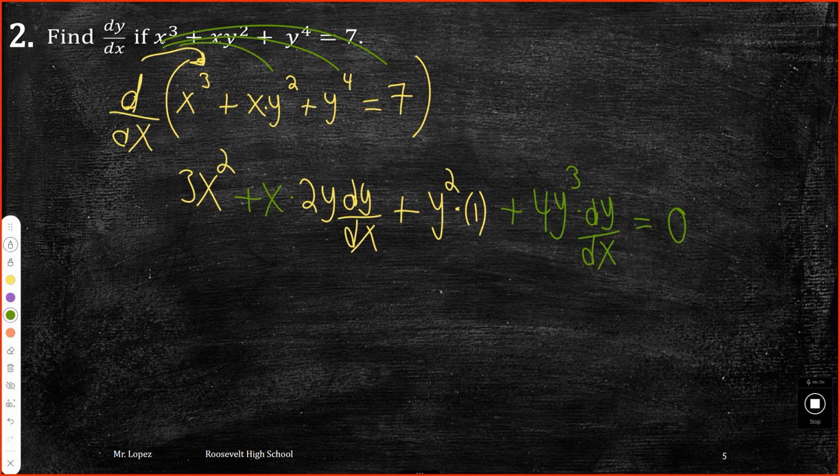So 2xy dy/dx, and then we put the other one next to it, 4y cubed dy/dx, equals. I'm going to move the others over, so that's negative 3x squared minus y squared.